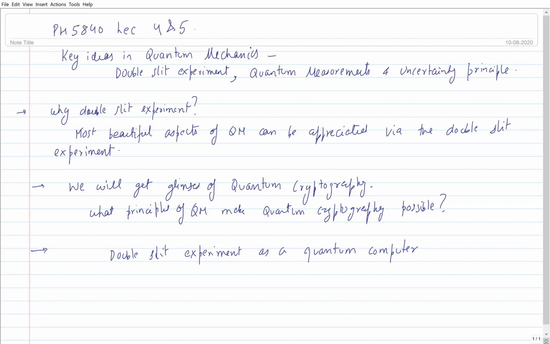Okay, so how do we set up the double slit experiment? So let's do an experiment with bullets. So I have a double slit experiment where initially what I do is that I close the bottom slit.